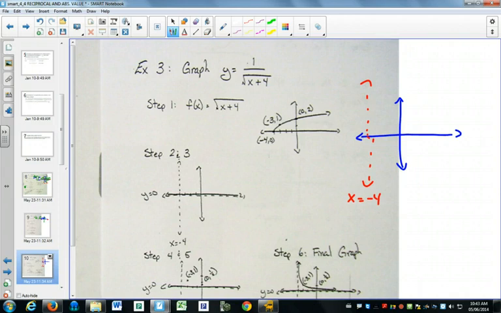There we go. x equals -4 is our asymptote. We look at the points that we have. What's going to happen to (-3, 1)? First of all, this square root graph does keep getting bigger and bigger. And since it does go up forever, there will also be an asymptote at y equals 0.